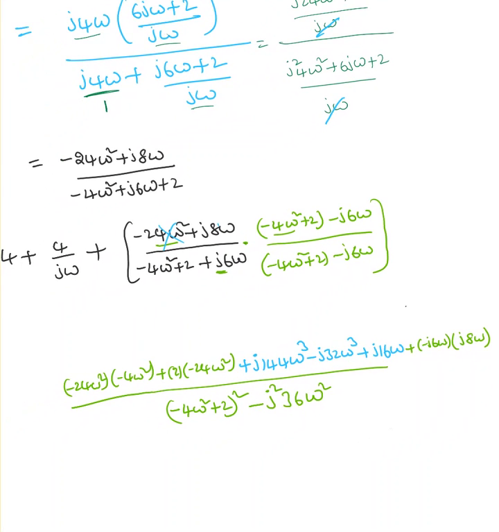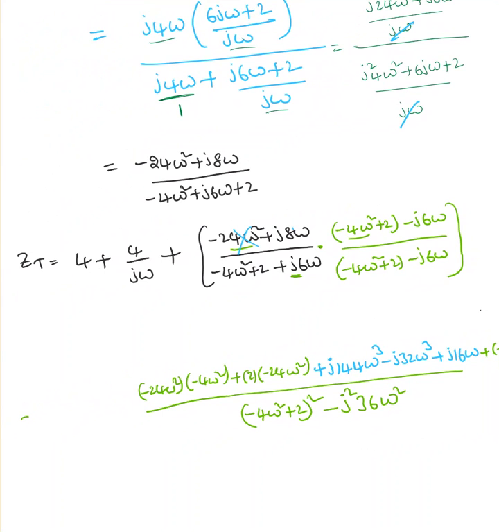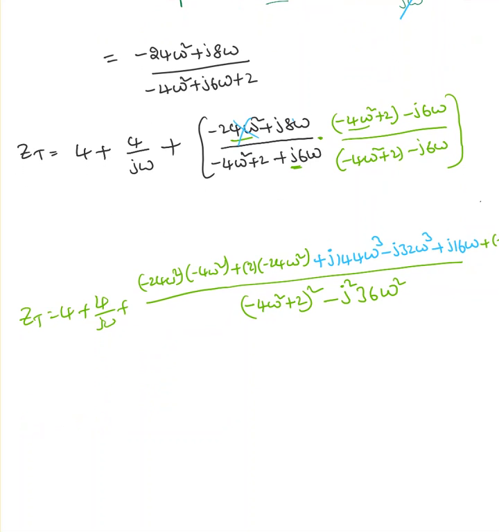Okay, so whatever is there in the blue color, that's the imaginary part, right? So my z total equal to 4 plus 4 over j omega plus. Now I'm going to write down the imaginary part and real part. So 4 plus whatever is there, it's not the green color part of the equation, that's real part.